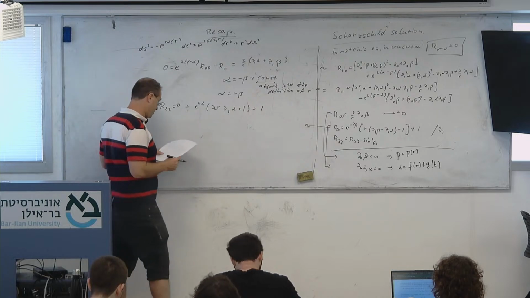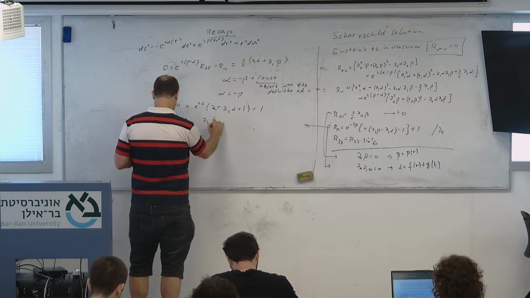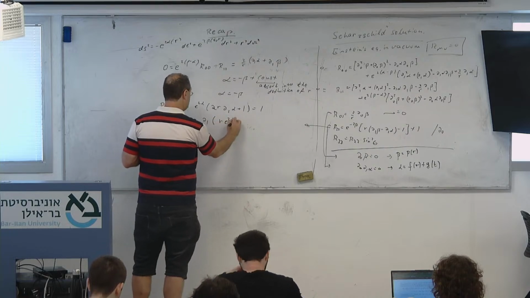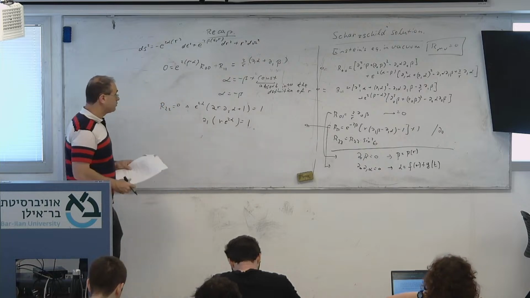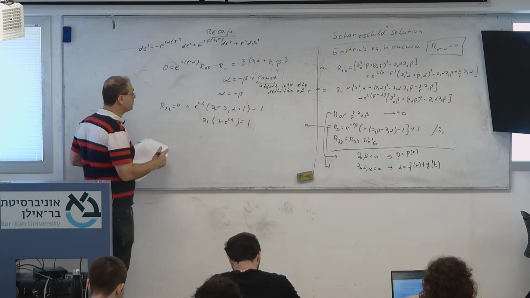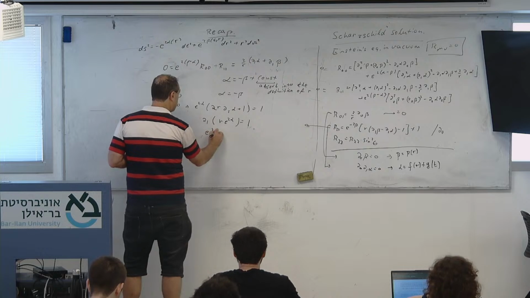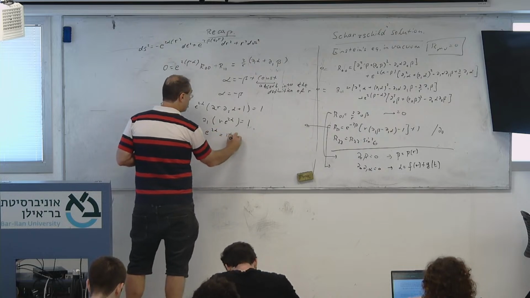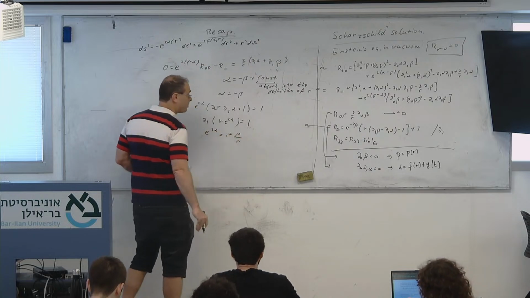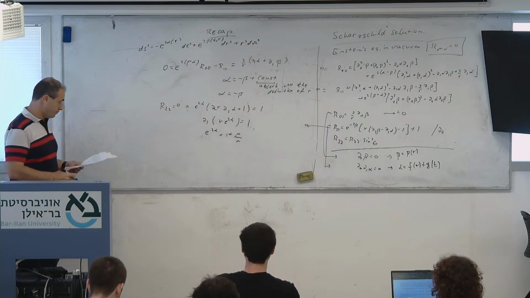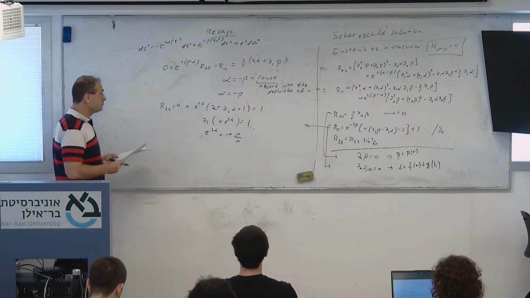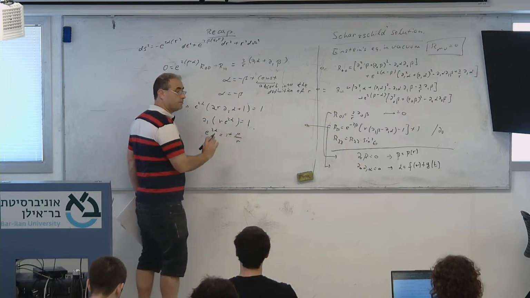Which is the same as writing d1 of r e to the power 2 alpha equal to 1. The solution to that is quite straightforward: e to the power 2 alpha is 1 plus some constant mu over r. Mu is just a constant right now.